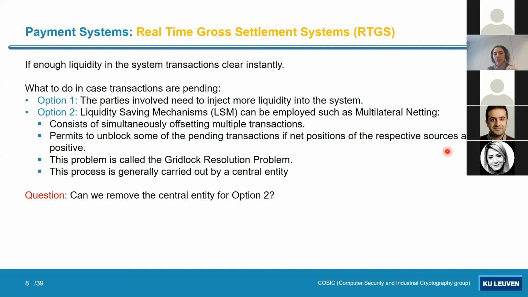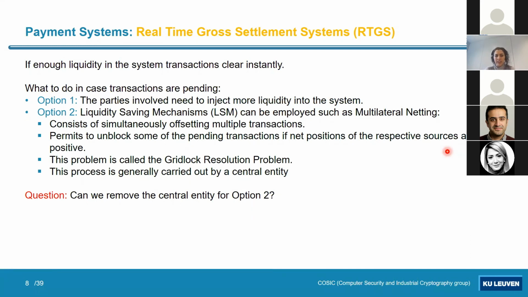We have two options to solve this problem. In the first option, we can inject liquidity into the system, but it may be a bit costly, especially if they get a loan or if they borrow. The second option is using a liquidity saving mechanism, such as multilateral netting.